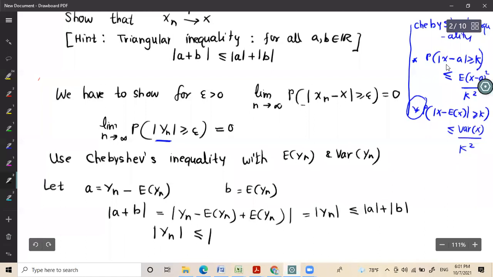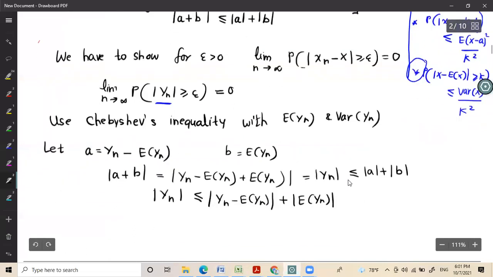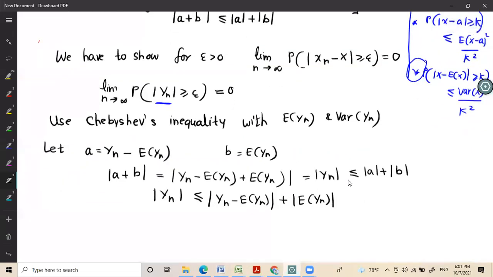A is Yn minus E[Yn], plus B, which is E[Yn]. Is it clear up to this point? Applying the triangular inequality, we are proceeding step by step to use Chebyshev's inequality to prove the convergence in probability.